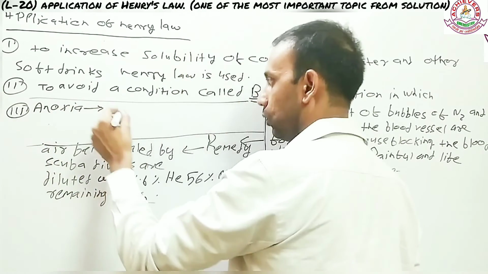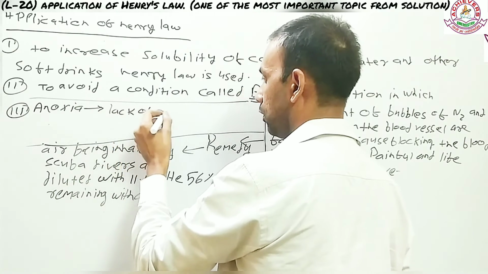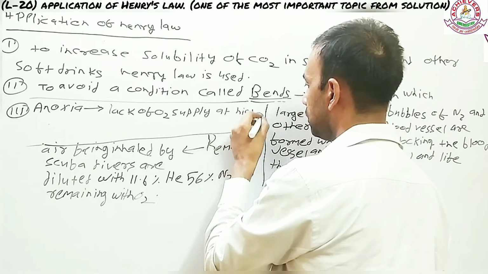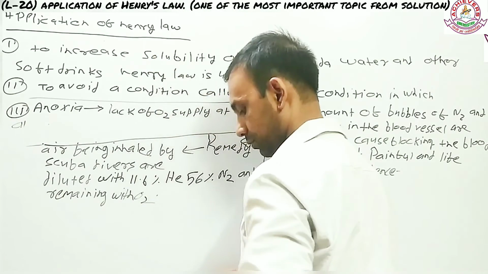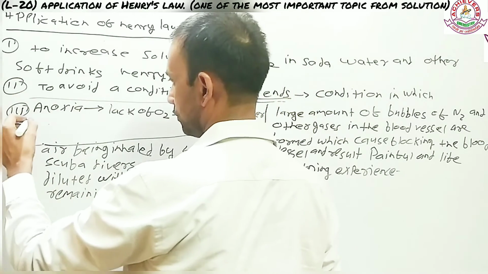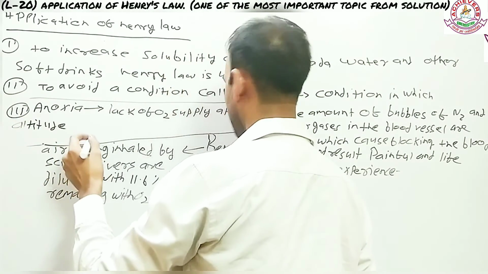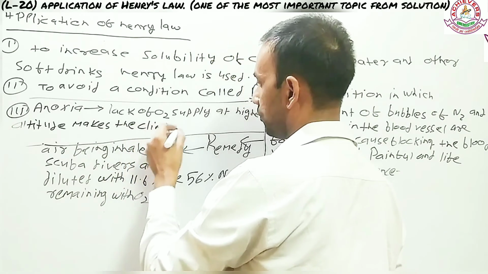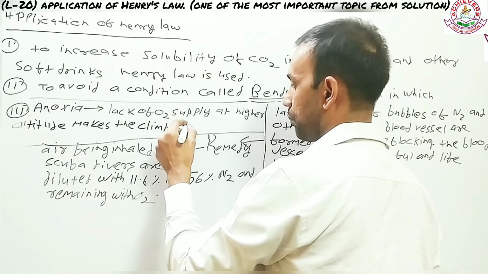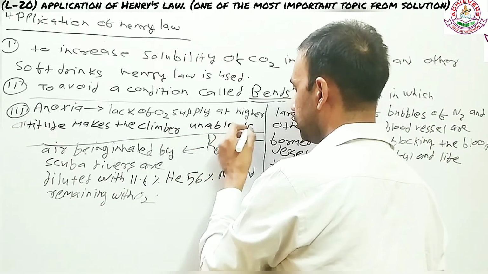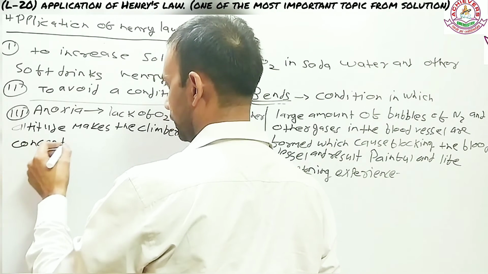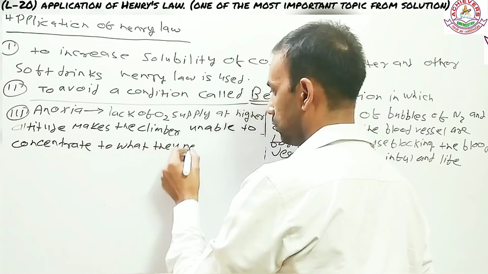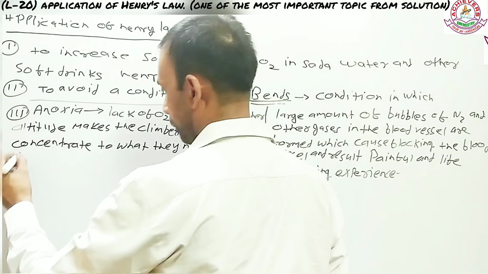So what anoxia is: lack of oxygen supply at higher altitude makes the climber unable to concentrate on what they are doing, what they need to do while climbing.